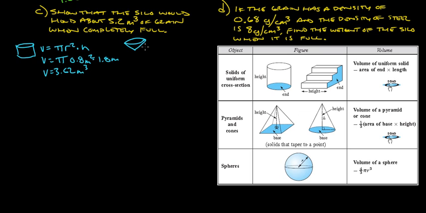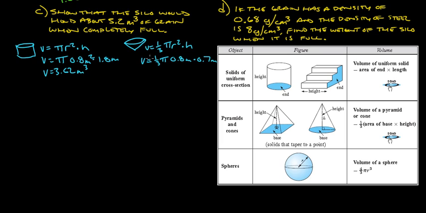Right, and then the volume there is going to be 1/3 the area of the base, which is pi r squared times the height. Okay, so volume equals 1/3 of pi, and again we remember that the radius is 0.8, and then the height was 0.7 meters, if you'll remember that.